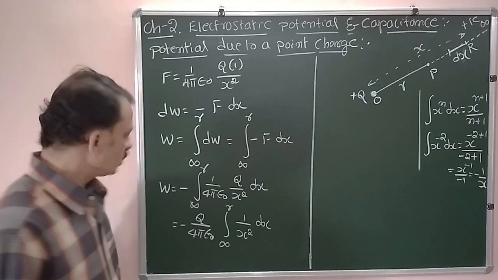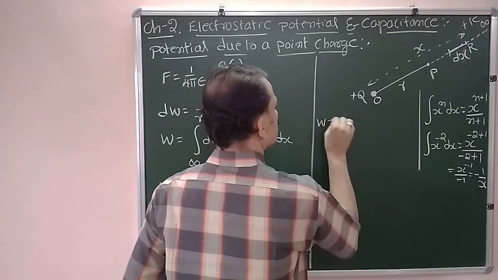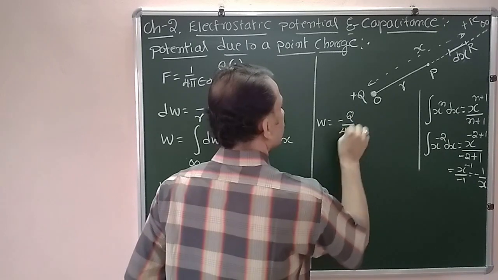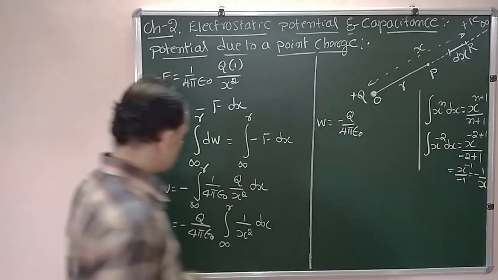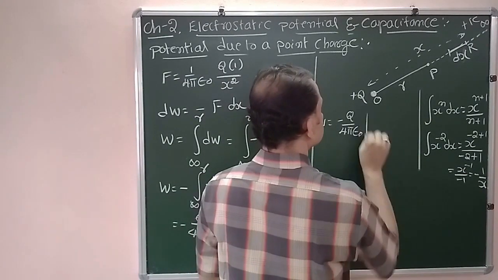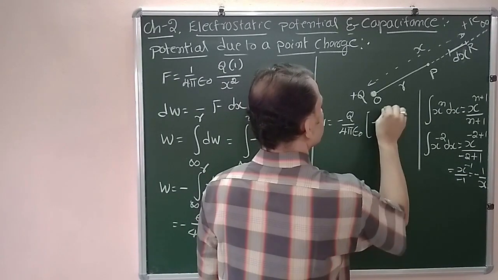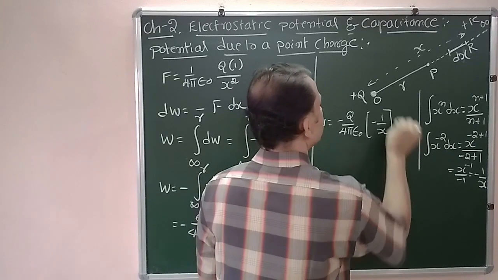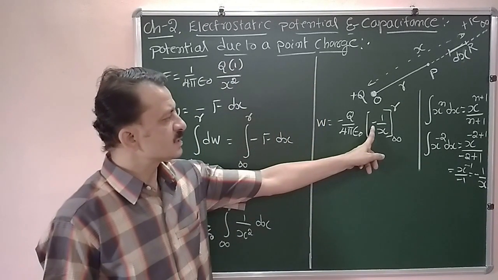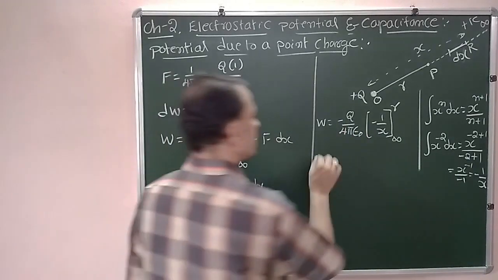So the work done is equal to minus Q divided by 4 pi epsilon naught, times the integral, which is minus 1 by x, from infinity to the point R. Now take this minus sign outside; minus of minus becomes plus.